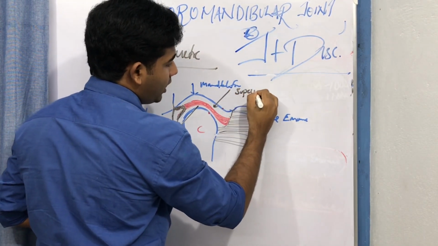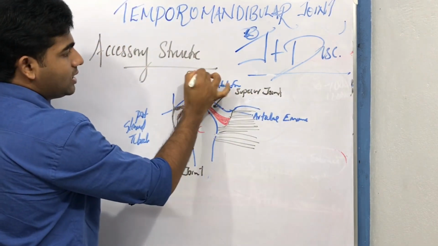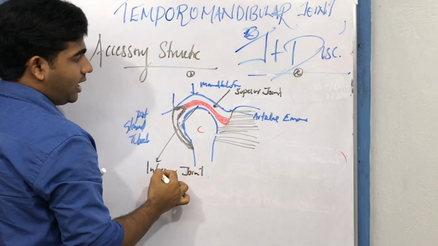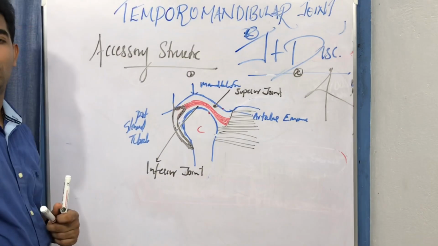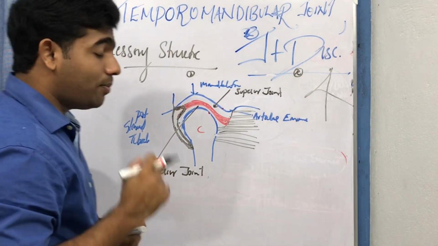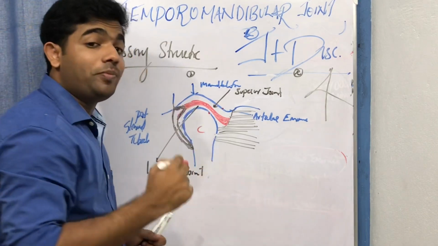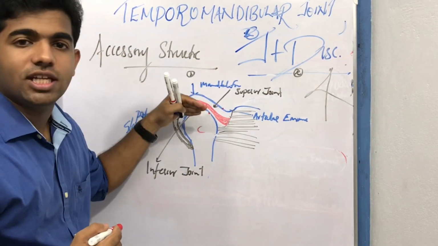This is on the left side, and similarly you have the same on the right side. So totally two on the left and two on the right, which makes the total number 4, as I told you earlier. The temporomandibular disc divides the joint cavity into two portions, a superior and an inferior temporomandibular joint.